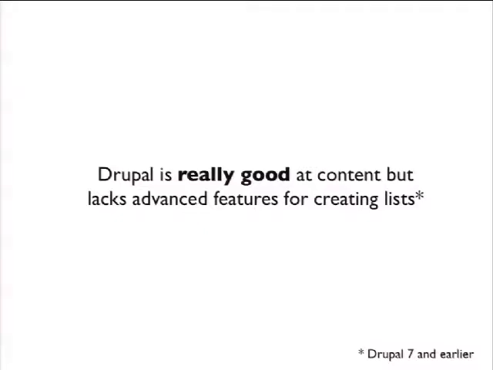You could add an event content type with dates and all kinds of stuff. And then the only list you can ever see is the list of 10 most recent things on the front page, and a block of latest posts that you can put somewhere on the page. And that's it. Out of the box, those are the lists that Drupal gives you of your content, which is kind of a bummer because websites are really just big lists of things.